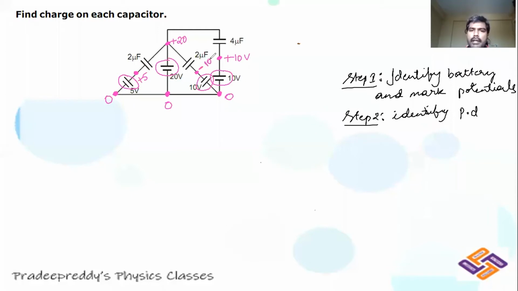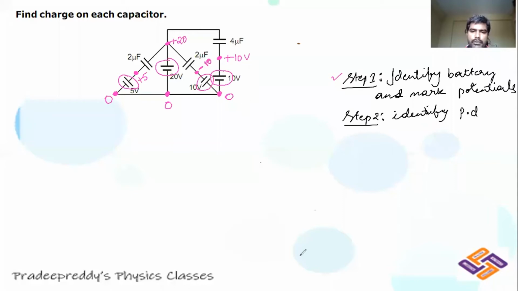So the greater potential here is 0, the lower potential is minus 10. Therefore the potential difference will be 0 minus of minus 10, which is obviously 10, and charge transfer takes place from the positive terminal to the negative terminal across this battery. Okay, so there are 4 batteries over here. That is step 1, identify batteries and mark potentials.